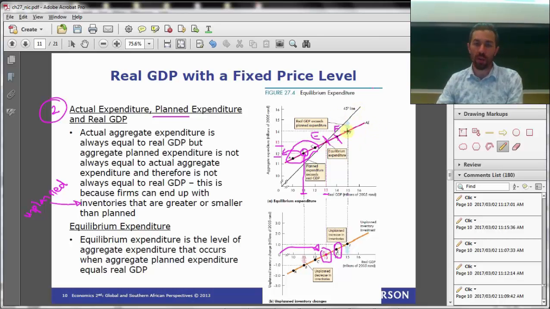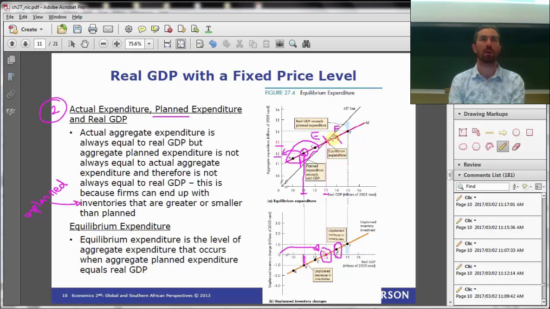So the difference between our aggregate expenditure curve and our 45-degree line, which is measured by this distance here, that distance there is this distance here, right? That gap between planned expenditure and actual expenditure is what causes movements along the aggregate expenditure curve to our point of equilibrium, where planned expenditure equals actual expenditure. In other words, where GDP equals aggregate planned expenditure.